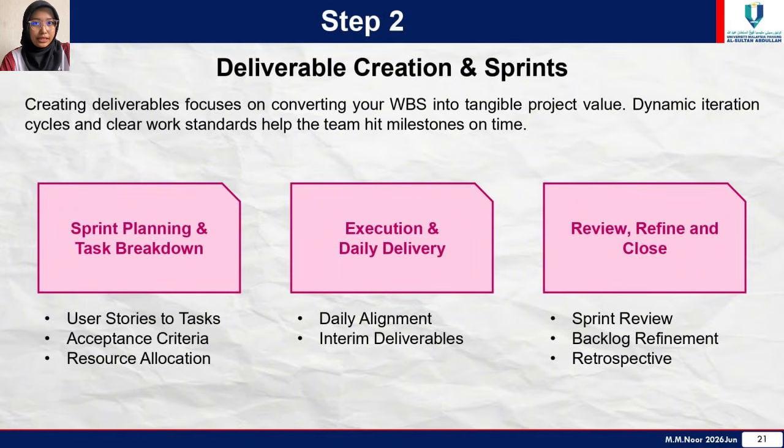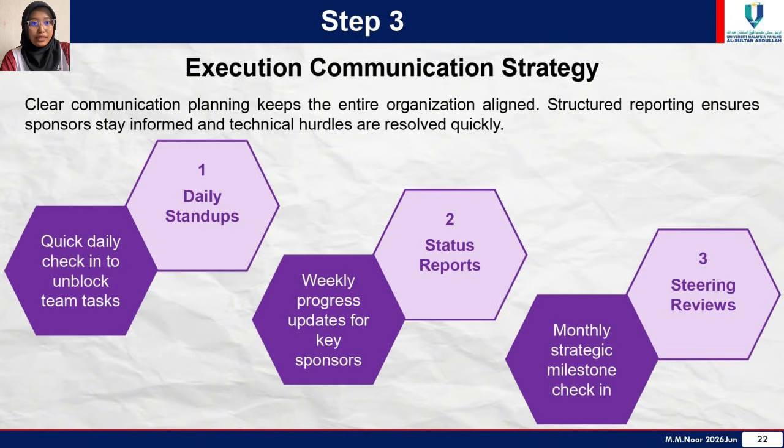Step 2, deliverable creation and sprints. From the WBS, we can focus on what is needed from the project management. There are 3 things. Firstly, the sprint planning and task breakdown, execution and daily delivery, and review, refine and close. Step 3, execution communication strategy. A clear communication plan keeps the entire organization aligned.